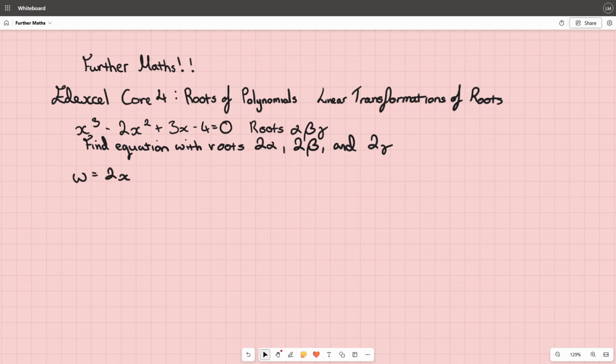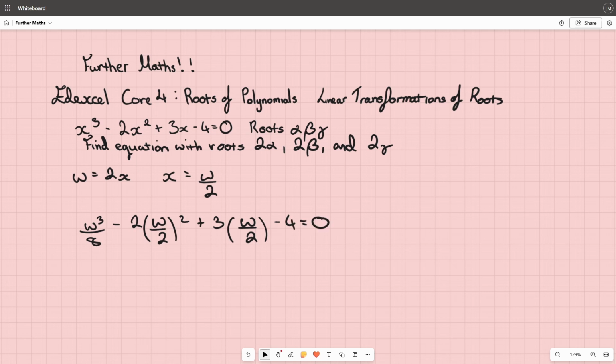So that means that x equals w over 2, w cubed over 8 minus 2 brackets w over 2 the whole squared, add 3 brackets w over 2 minus 4 equals 0.